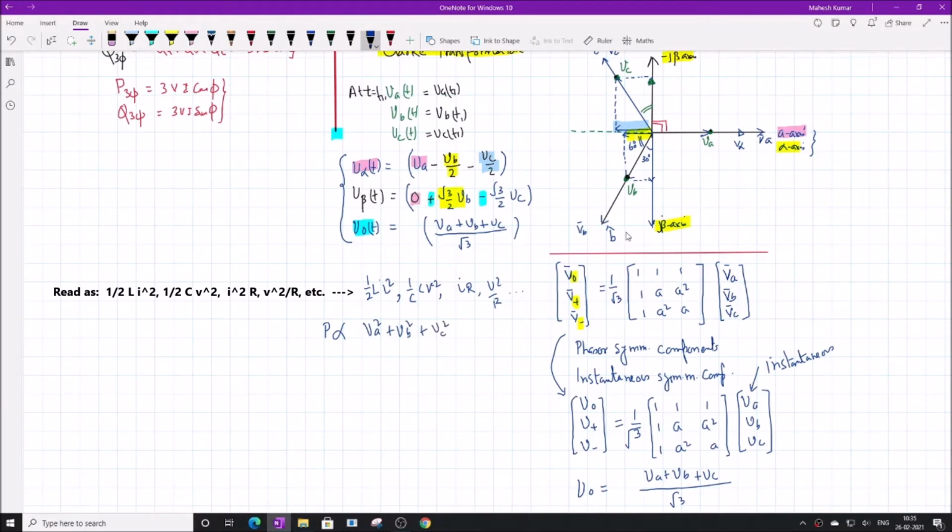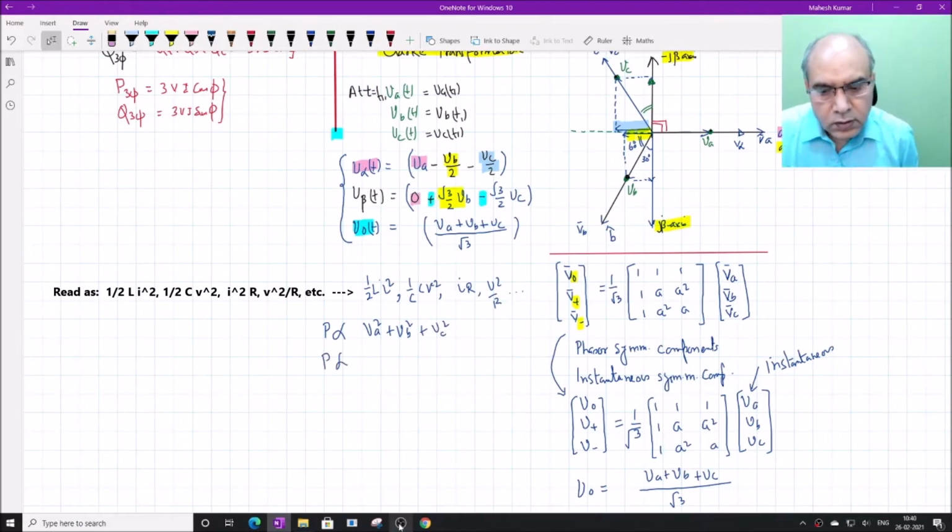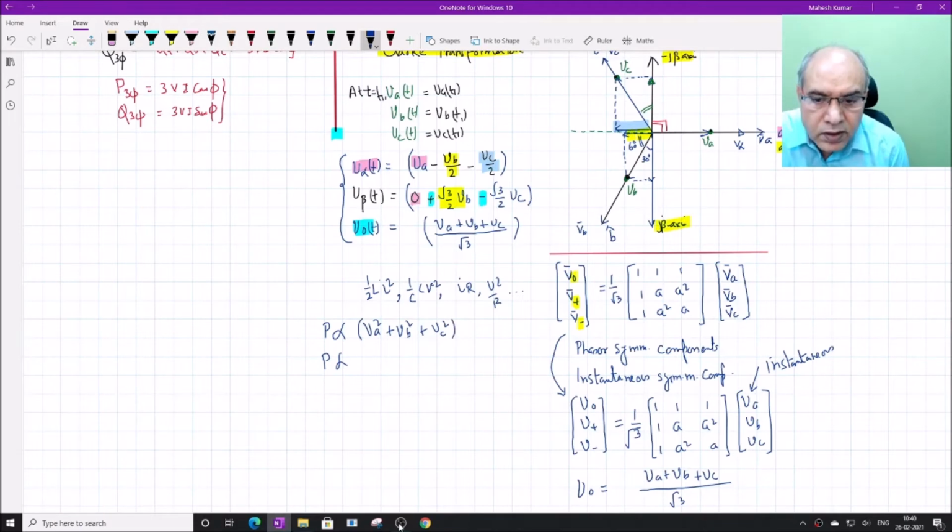In the alpha beta plane, this energy, the power, is proportional to the summation of the squares, so this is proportional to B alpha square plus B beta square plus B0 square.